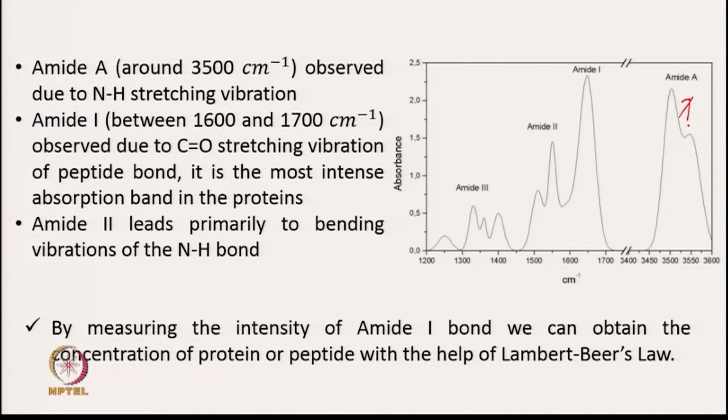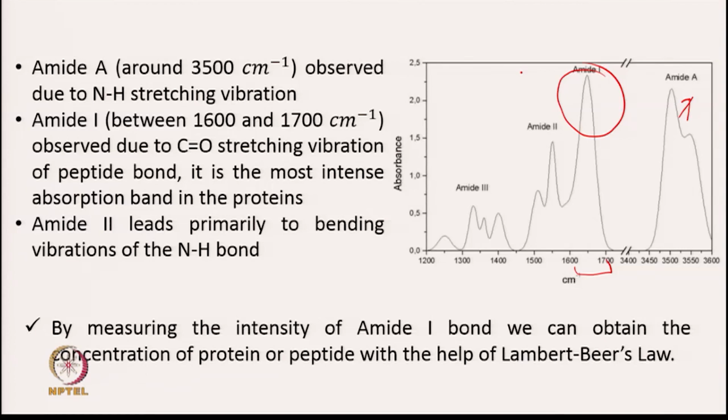There is another band, known as the amide 1 band. It is between 1600 to 1700 centimeter inverse, and you can see it here, and this is due to the CO stretching vibration of the peptide bond, and it is the most intense absorption band in the protein.